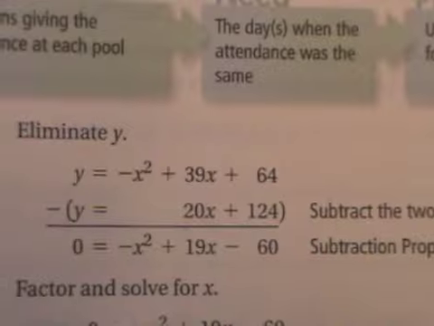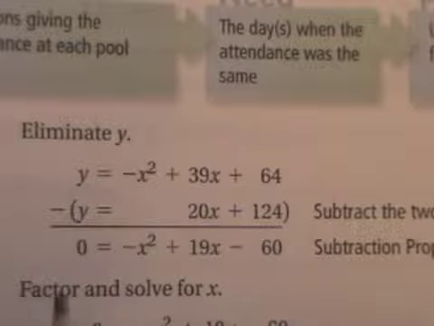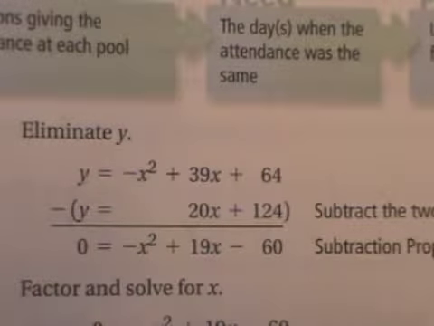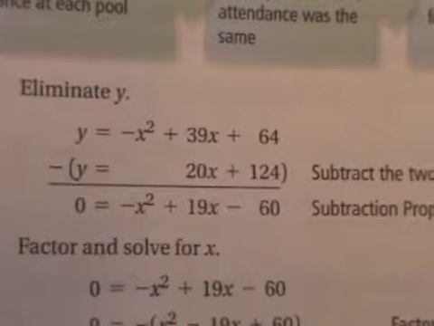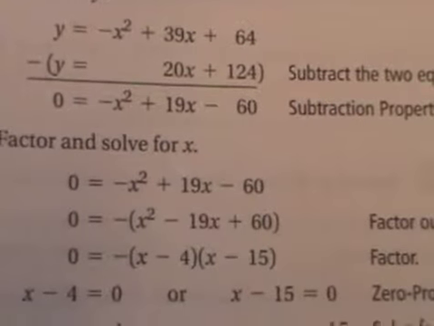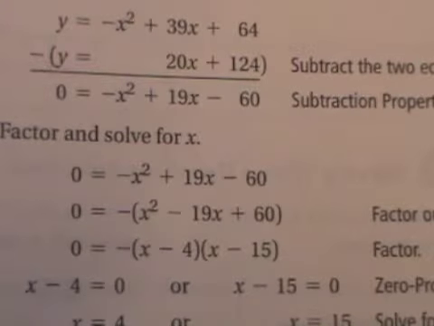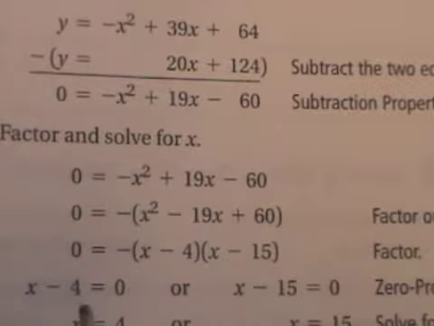And this is where the other thing that you're very familiar with comes into play. We're just going to factor this to find x. You've done this dozens of times by now. There's your factoring, and you know that x is going to equal 4 or 15.